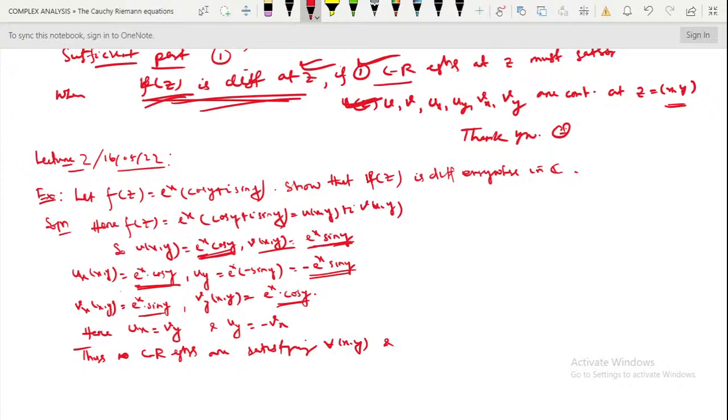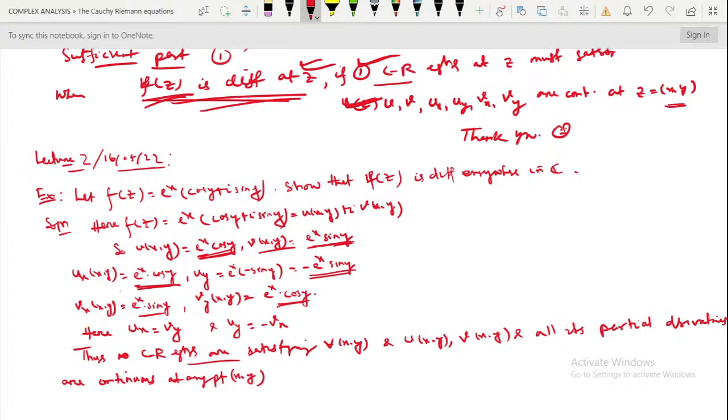and u of x y, v of x y, and all its partial derivatives are continuous at any point x y. This is the first condition, and this is the second condition.